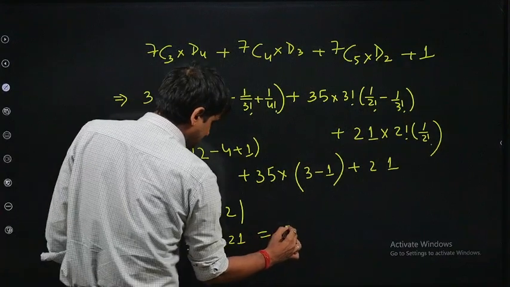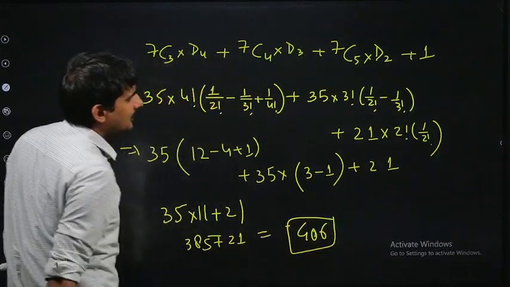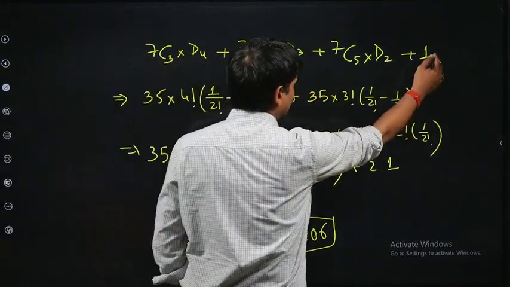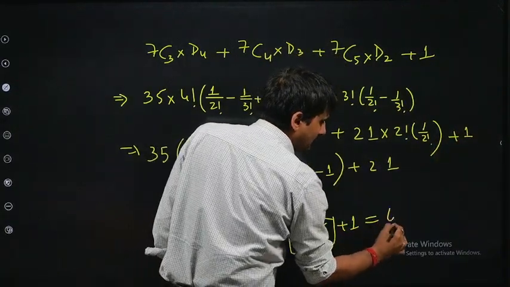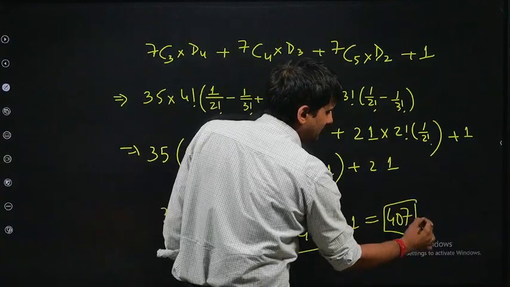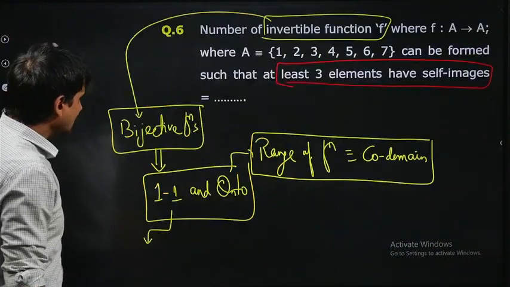So how much is it? 406 ways of doing it. Plus 1, right? We missed that. Yeah, we missed that. So it's plus 1, which is 407 ways of doing it. So this is how you can use the arrangement here to get this answer.